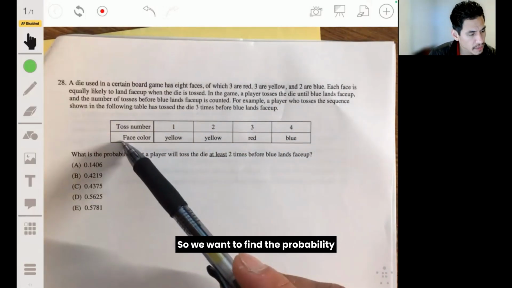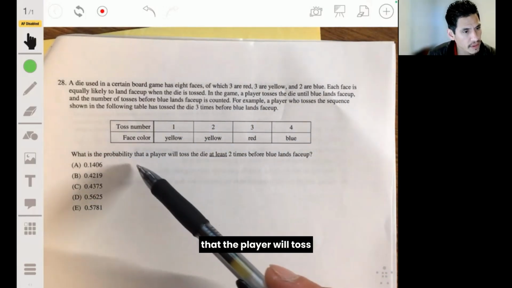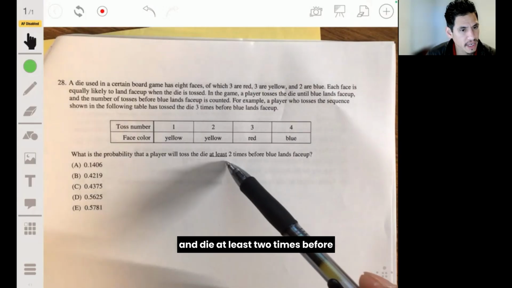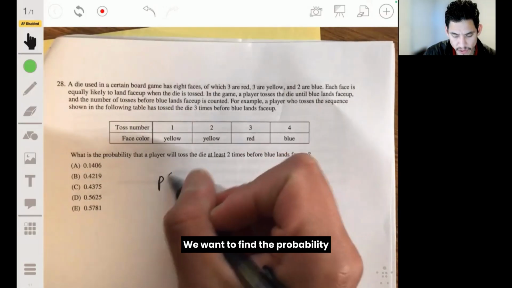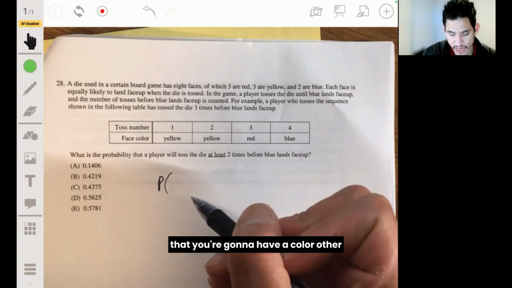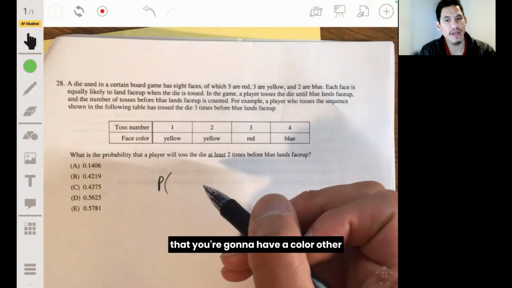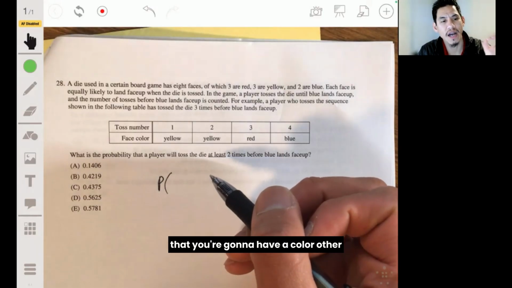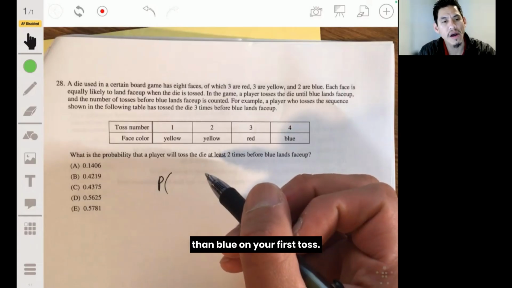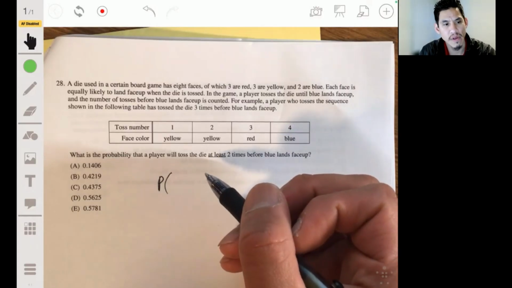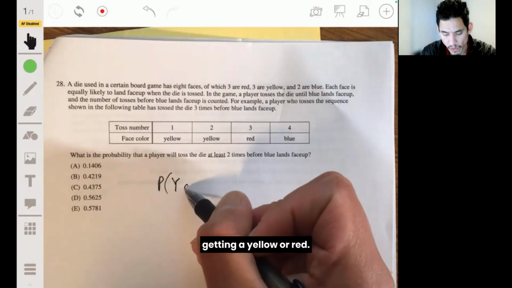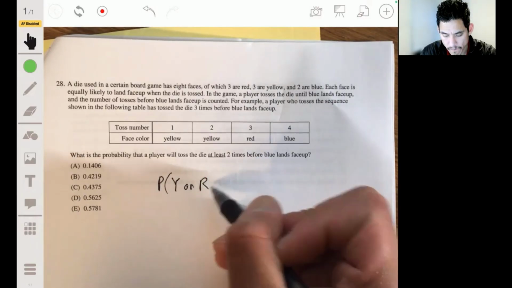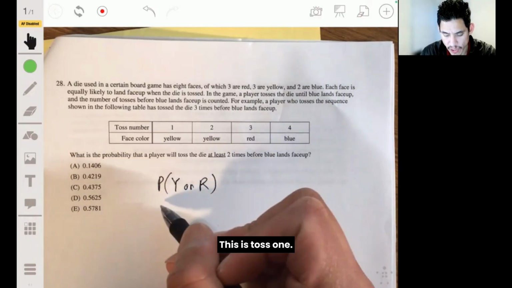So we want to find the probability that the player will toss the die at least 2 times before blue lands face up. So we want to find the probability that you're going to have a color other than blue on your first toss, the probability of either getting a yellow or red. This is toss 1.